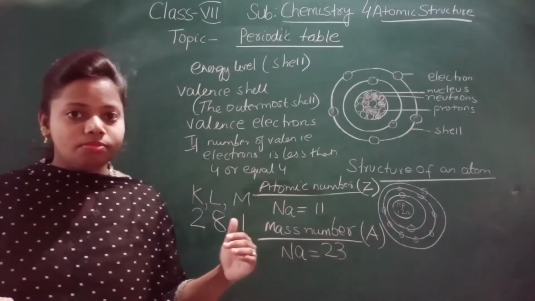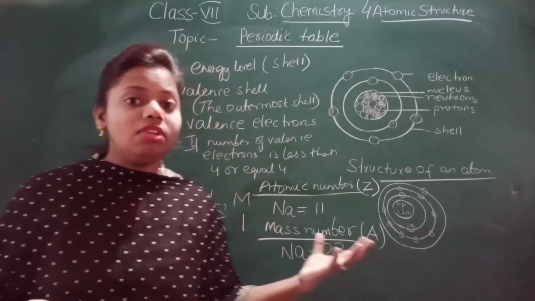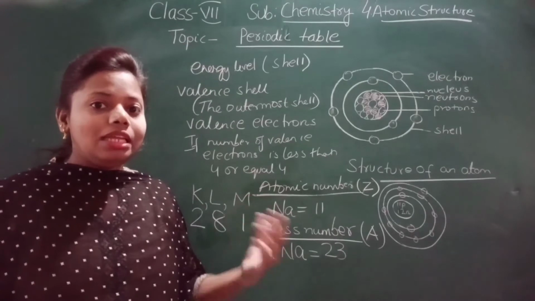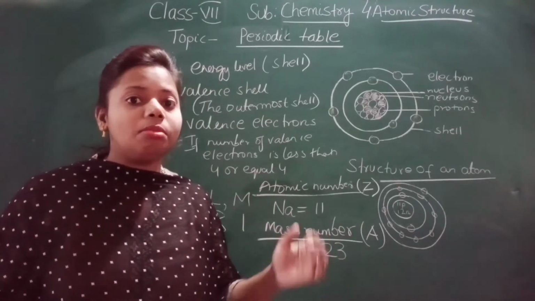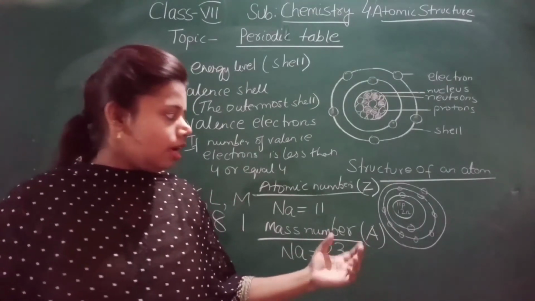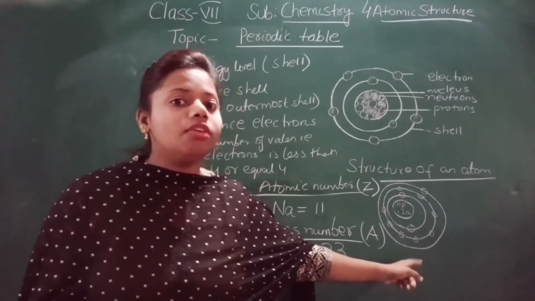When an atom loses 1 electron, it becomes positively charged and we call that a cation. When it gains electrons, it becomes negatively charged and we call that an anion. Here I have shown you the electronic configuration of sodium.